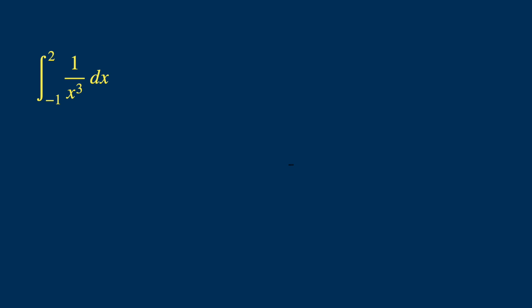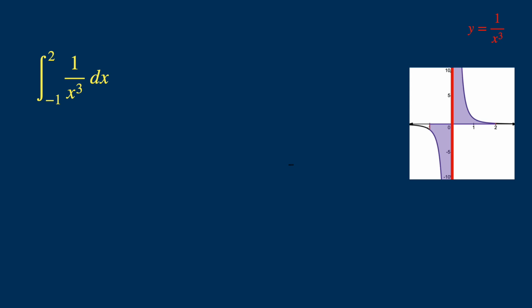Let's sketch y equals 1 over x cubed. I have sketched it. We want the area under the curve from -1 to 2. But what is there on the graph? You find x equals 0. That's the vertical asymptote line. So we're going to say this integral is an improper integral. 0 is between -1 and 2.